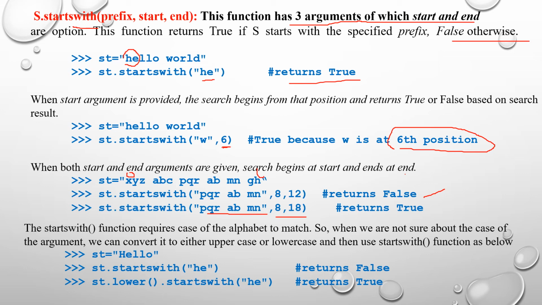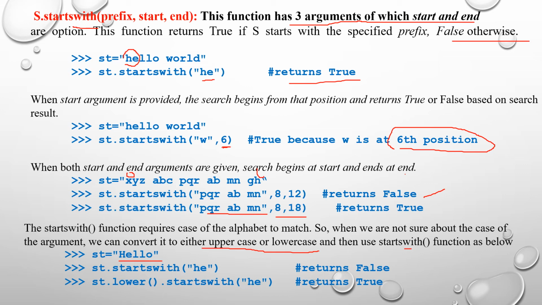The startswith function requires the case of the alphabets to match. So when we are not sure about the case of the arguments, we can convert it to either uppercase or lowercase, and then use the startswith function. For example, st is equal to "Hello".